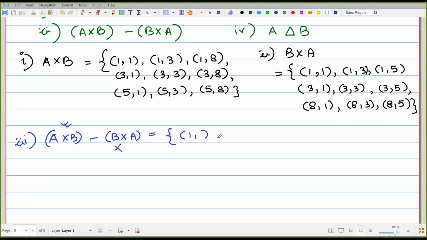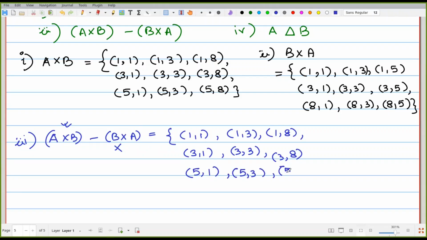So (1,1), (1,3), (1,8), (3,1), (3,3), (3,8), (5,1), (5,3), (5,8).